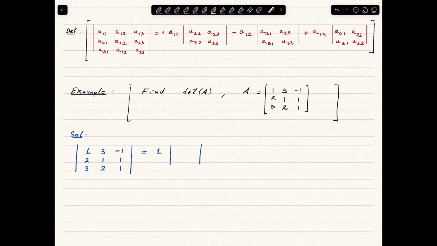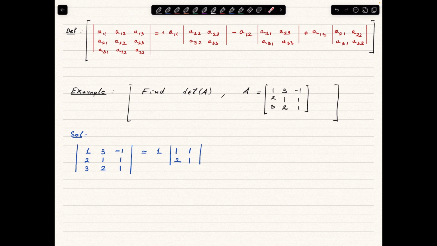So erase this row and this column, and what remains is exactly the matrix that goes there. So erase that, and what remains is the matrix that we need to compute the determinant of: 1, 1, 2, 1. Okay?